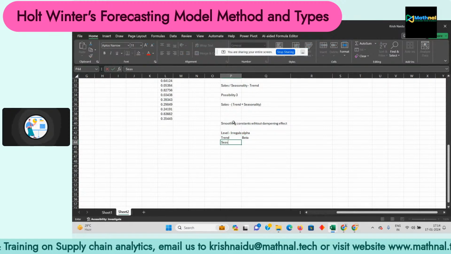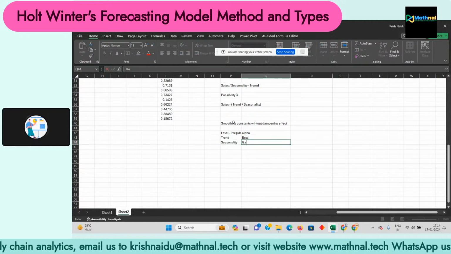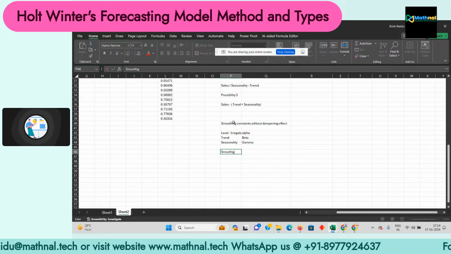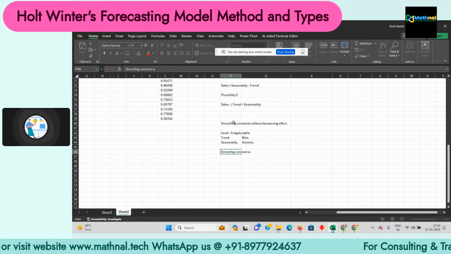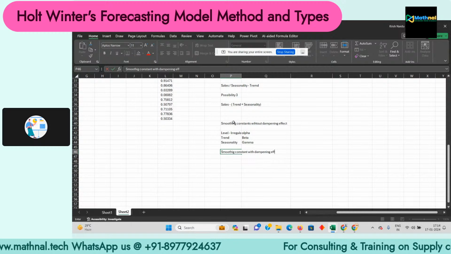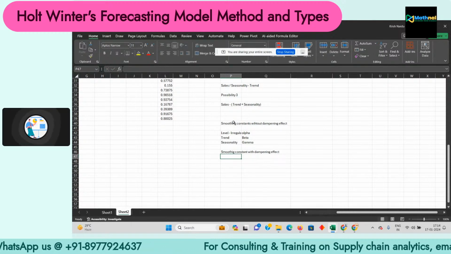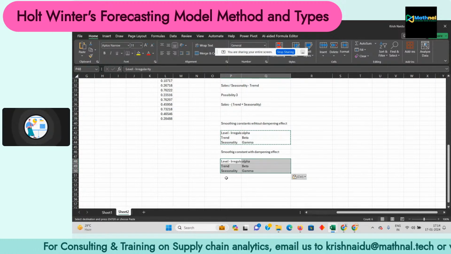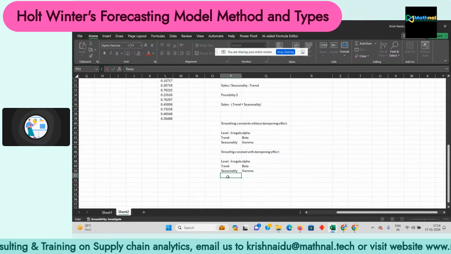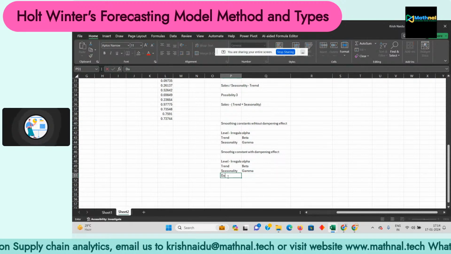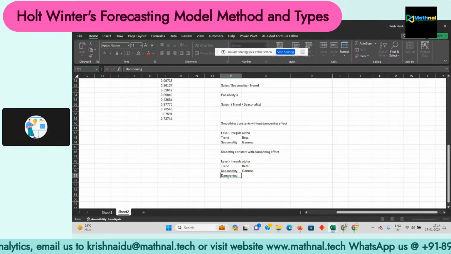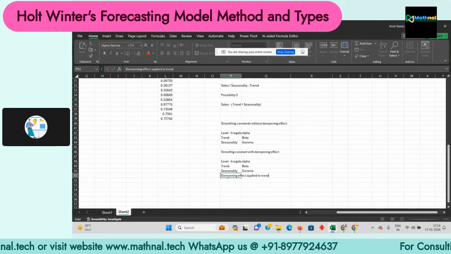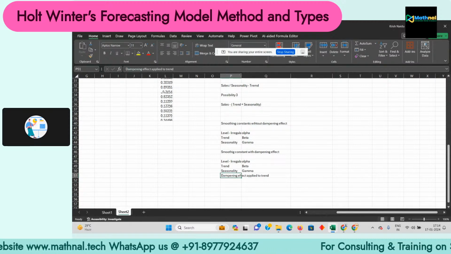Then we have seasonality, gamma. Then the second kind of combination is smoothing constants with damping effect. The only addition here is one more constant, and that will be theta, the damping effect applied to trend.